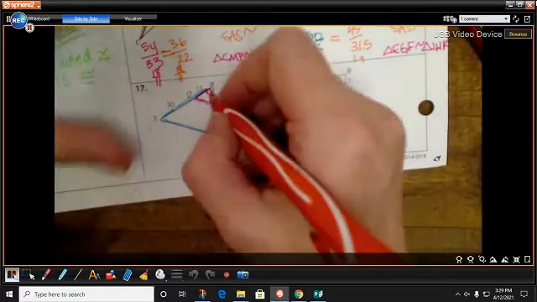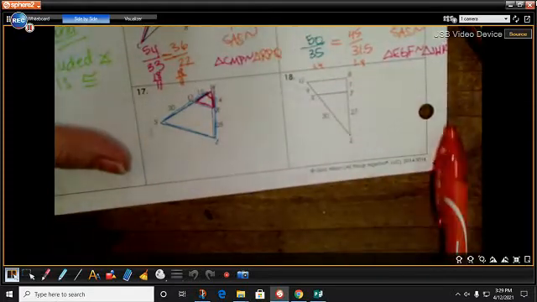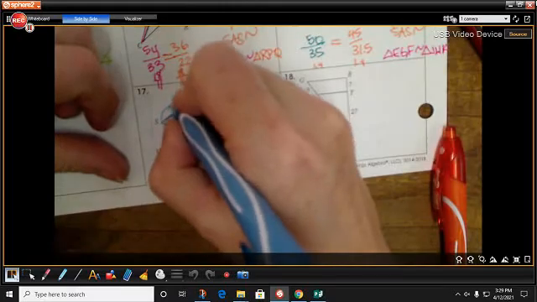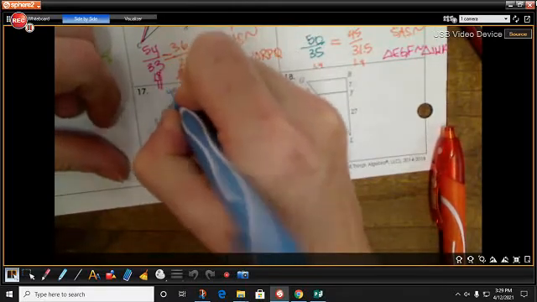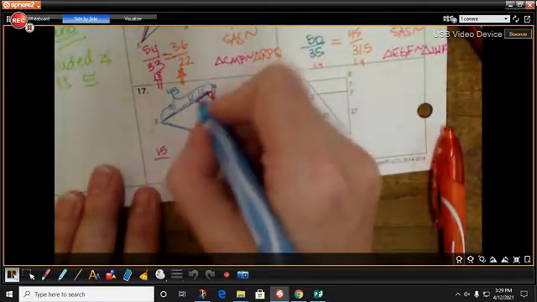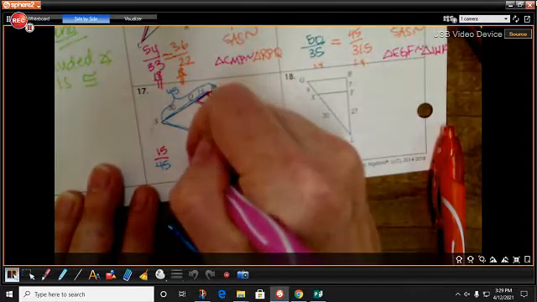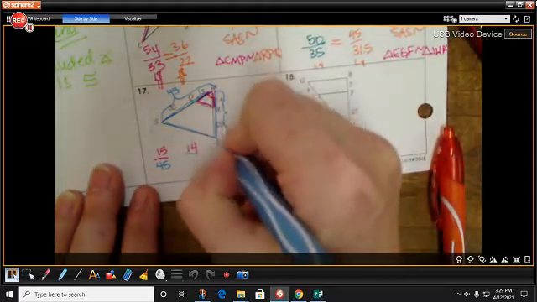So the small triangle has 15 here. The big triangle here on the left, its whole side is 45. So I have 15 going with 45. And then on the right, my small triangle has 14. And my big triangle has 42 here.